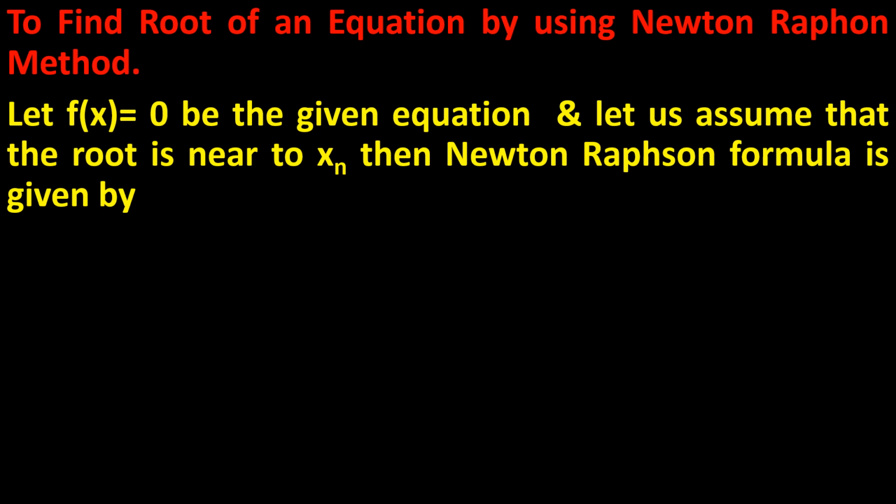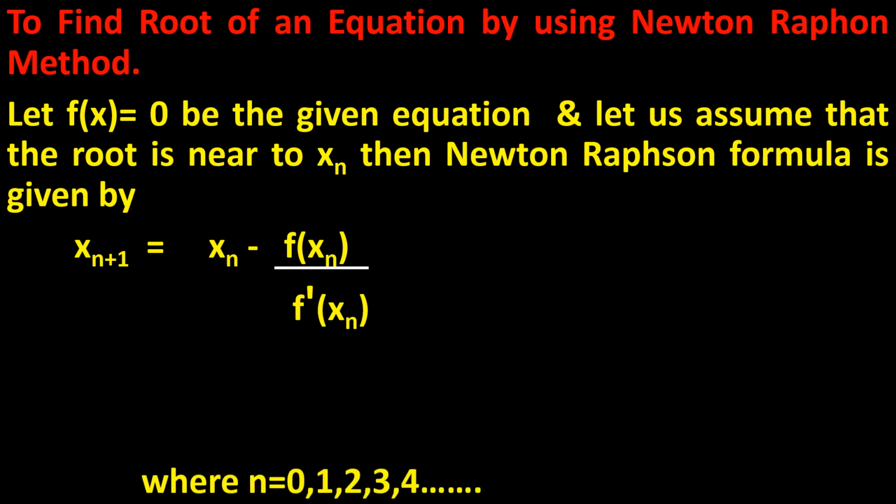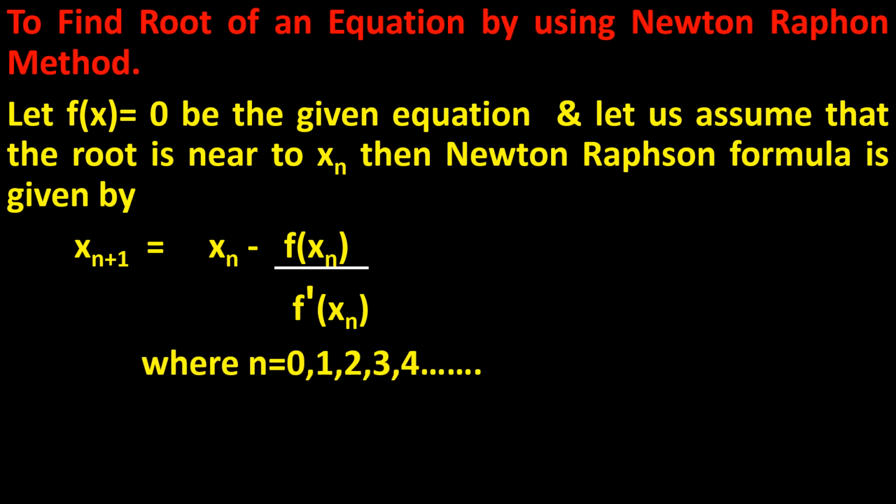That means consider that as xn, and then by using the Newton-Raphson formula, the root is given by xn plus 1 is equal to xn minus f of xn divided by f dash of xn, where f dash of xn is the derivative of f of xn, where n value will be equal to 0, 1, 2, 3, 4, etc. But initially during solving we consider the value of n is equal to 0.